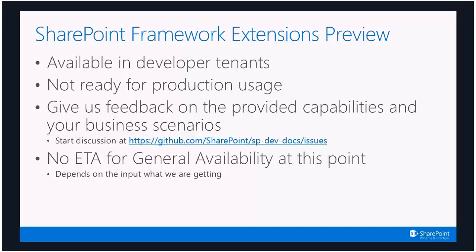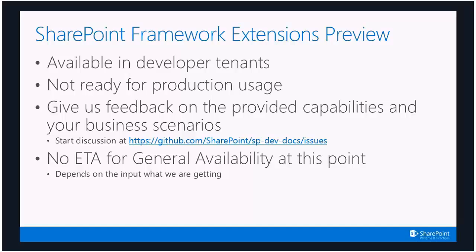We would like to have your feedback. github.com/SharePoint/SPDevDocs/issues is our issue list for reporting bugs and also discussions. Like, hey, I would like to have the following. Can I do that? And if that capability is not available, we'll request you to submit a user voice entry, as an example, so we're able to track all of the requests in an official manner.